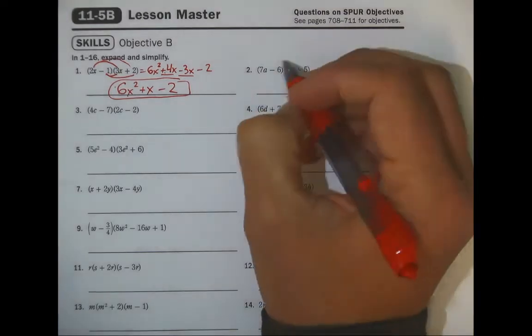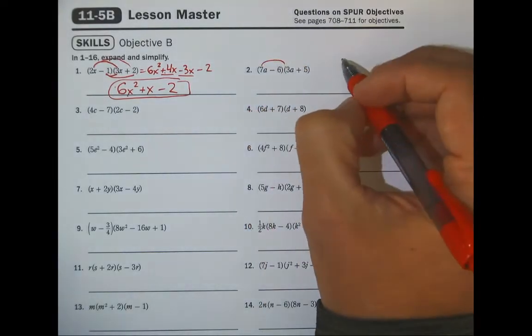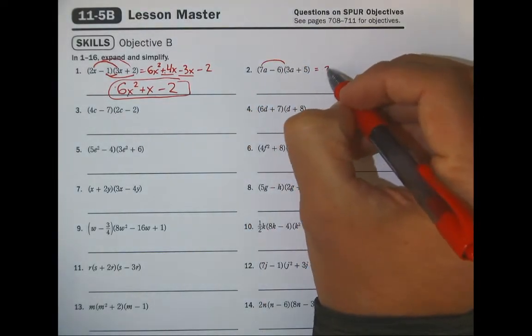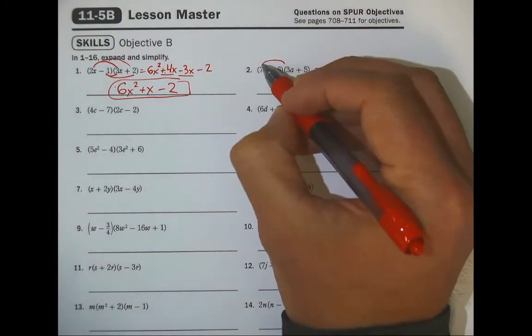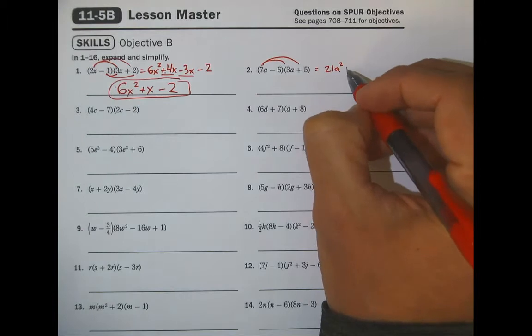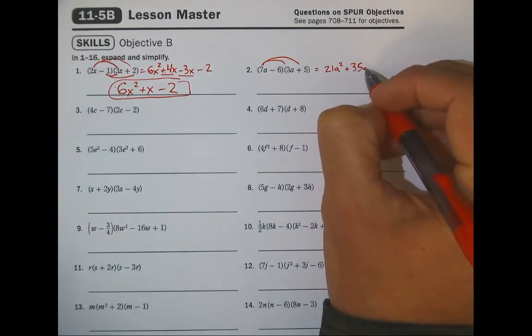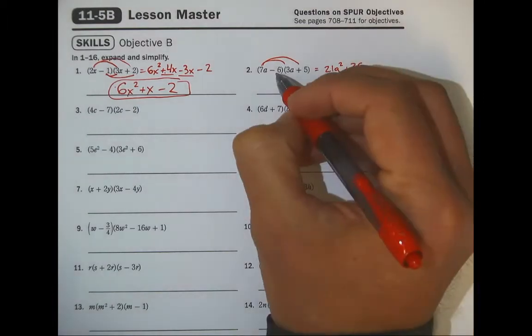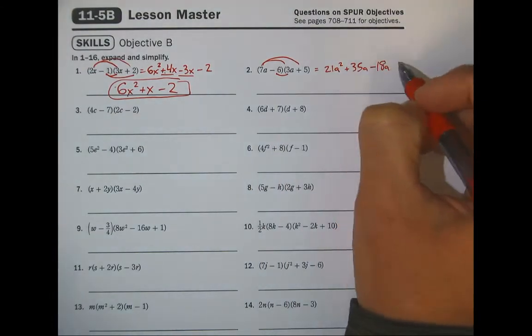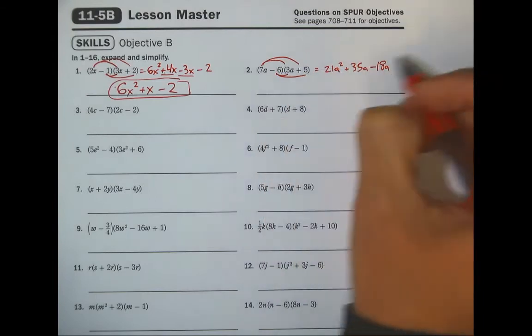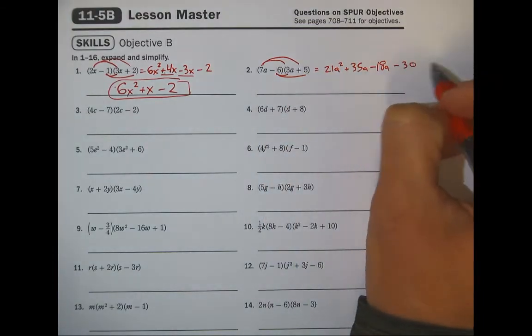Number 2, 7a times 3a is 21a squared, right? A times a. 7a times 5, positive 35a. -6 times 3a, -18a. -6 times 5 is -30.